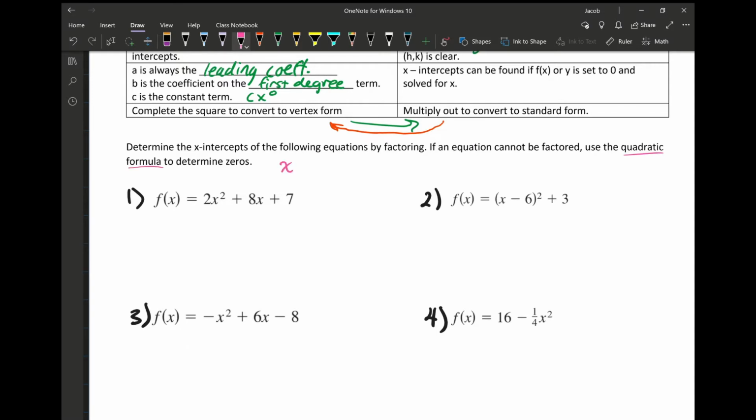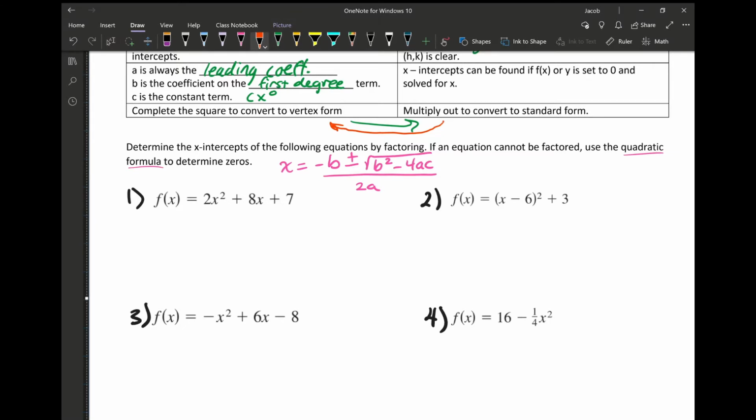And just to be clear what that is, negative b plus or minus radical b squared minus 4ac all over 2a is the quadratic formula, and that helps us solve for zeros if an equation cannot be factored.